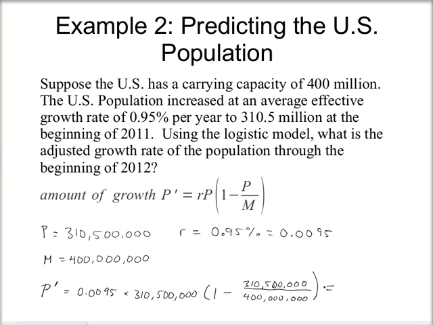And that's going to give me a growth of 660,000 people in the year from the beginning of 2011 to 2012. So according to this model, if we keep doing this, at the beginning of 2015, the U.S. population will be about 313 million, which is lower than any of our predictions from example 1.